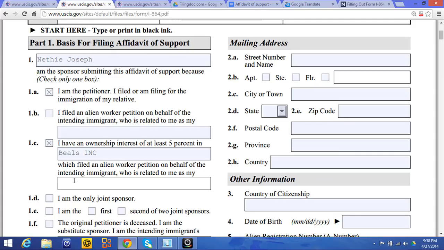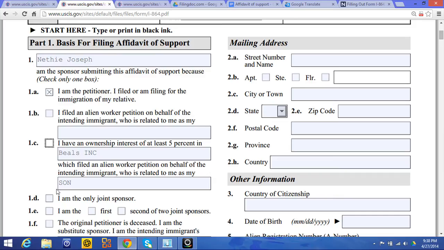Is it your son, daughter? So 1A, 1B, 1C is mainly for the petitioner, but you have to choose the one that applies to you.